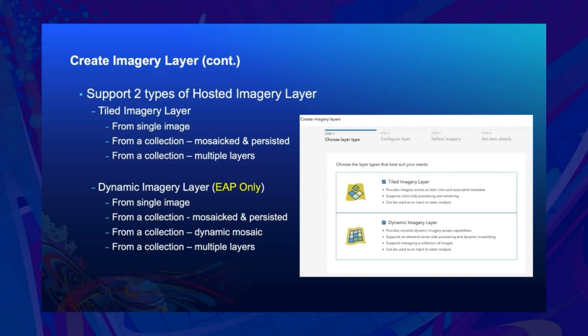With that mosaic dataset, the dynamic imagery layer has the ability to produce dynamic mosaicing and viewing of your image collection, and also allows additional functionalities such as querying and filtering.